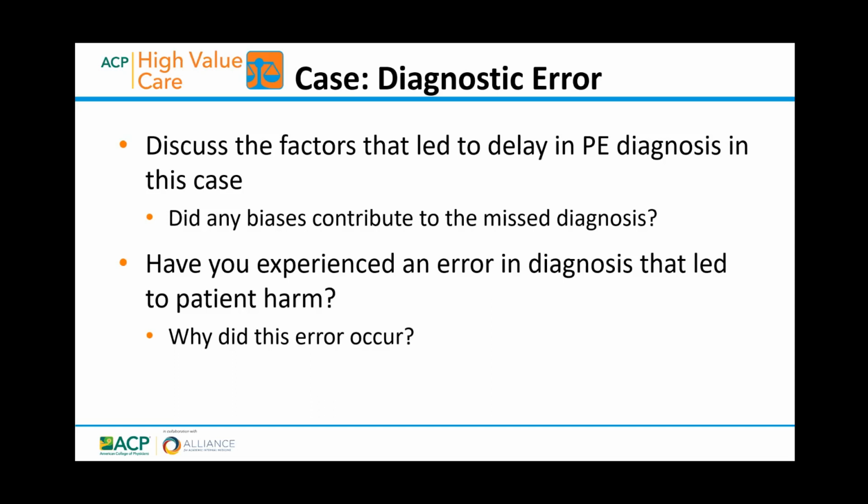What do you think in this case led to the patient's delayed diagnosis? Did they have any biases? Did we have any biases towards the patient? Have you experienced any errors in diagnosis that led to patient harm in your own personal practice?